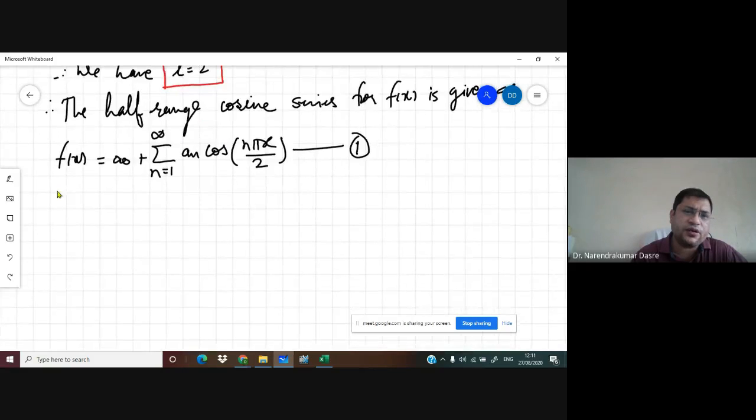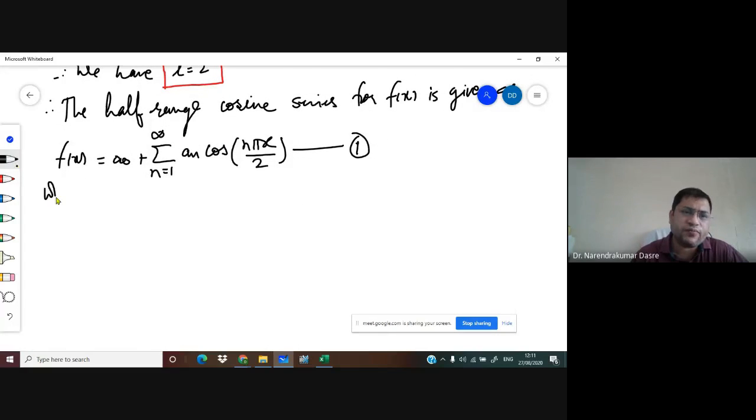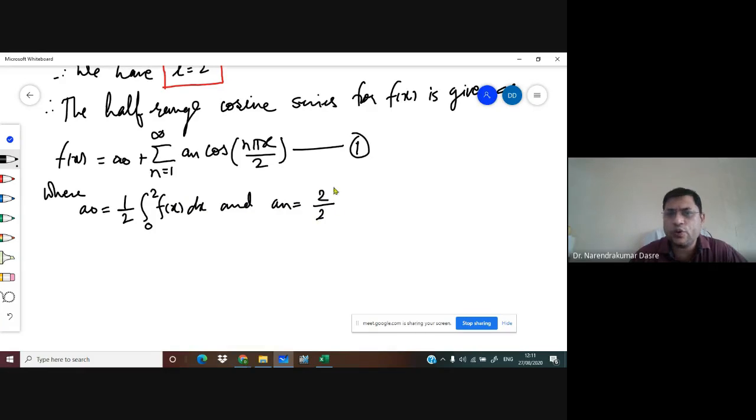Then we can have, where a0 is equal to 1 by 2, integral 0 to 2, f of x dx, and an is equal to 2 by L, but the value of L is going to be 2, so 2 by 2, integral 0 to 2, f of x cos of n pi x by 2 dx.